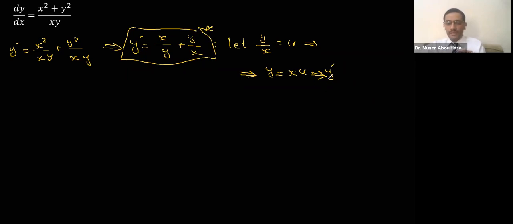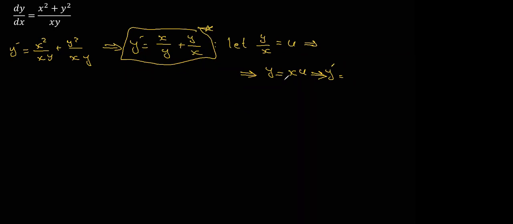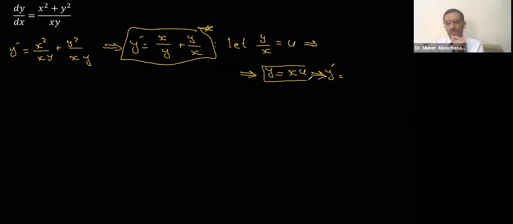Now let me ask Abdullah Shihabuddin. Can you hear me, Abdullah? Yes, Abdullah. Now you have this substitution. From this, I need you to find y prime. So we are going to differentiate both sides. What about the differentiation of x times u? You have a product.